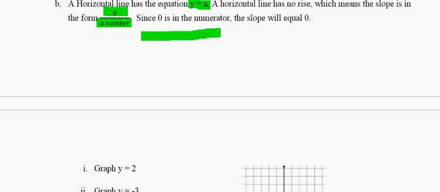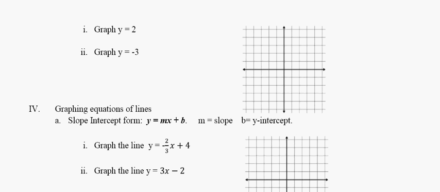So that means the rise is 0 and the run is a number. Since 0 is in the numerator, it doesn't matter what the denominator is. Anytime you have 0 in the numerator, the slope will equal 0.